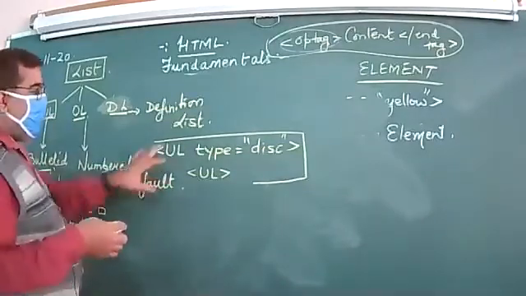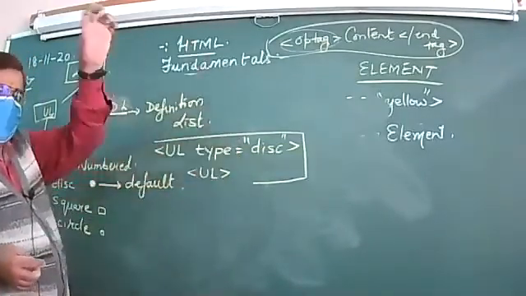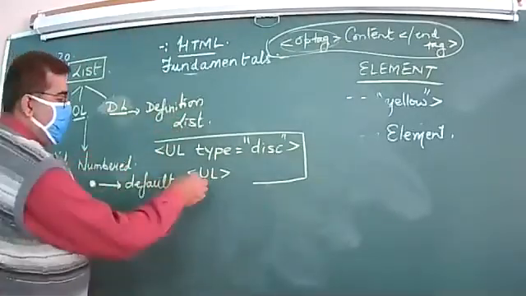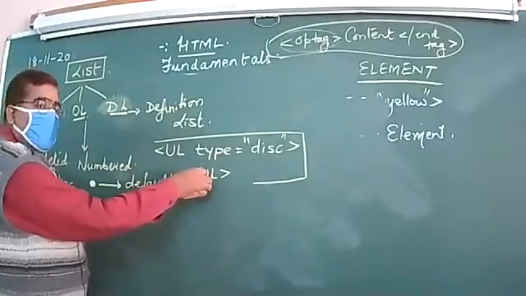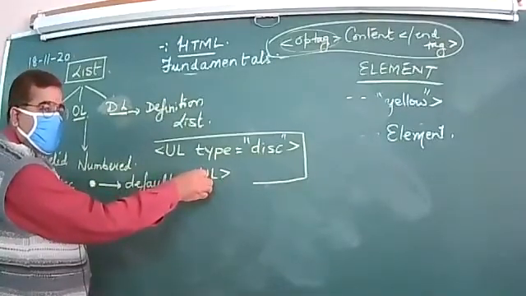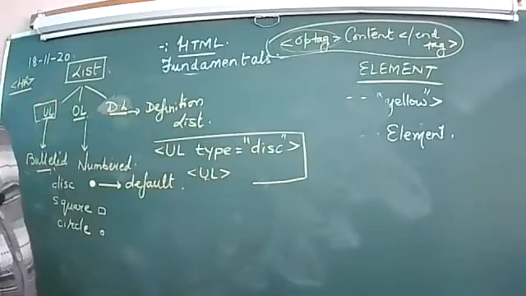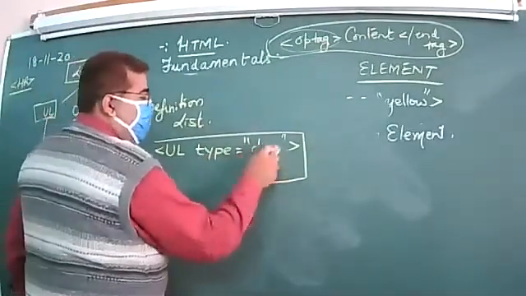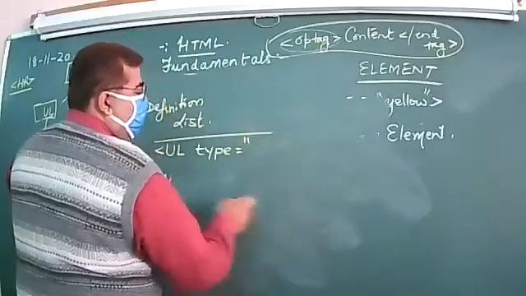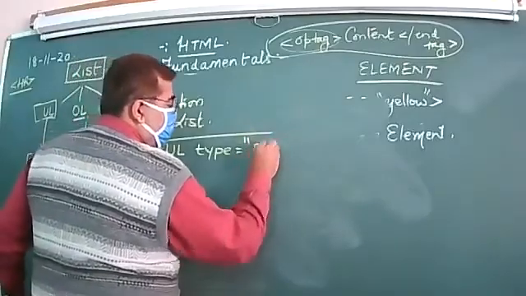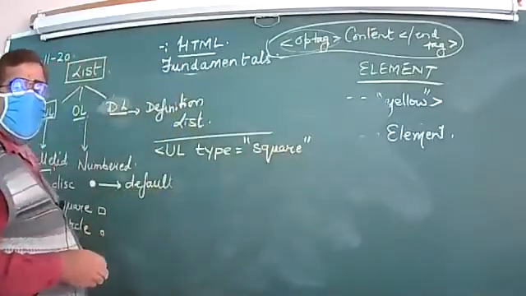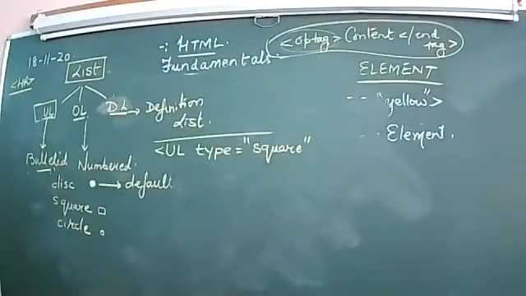Clear? Suppose the structure given for the list has disc, so you can write like this also, because by default the value is disc. But if the value is square or circle, then you particularly have to mention the type attribute and specify the value square or circle. Am I clear?